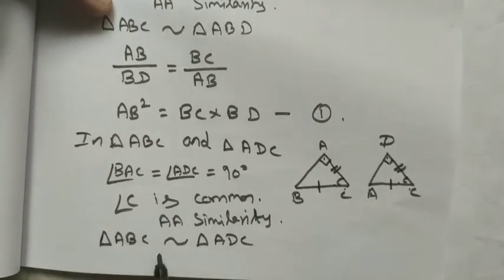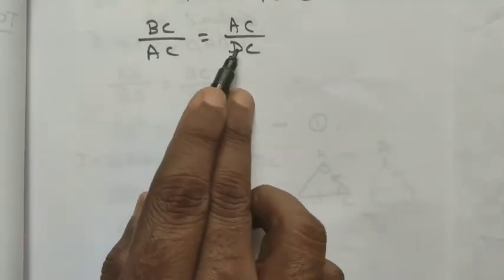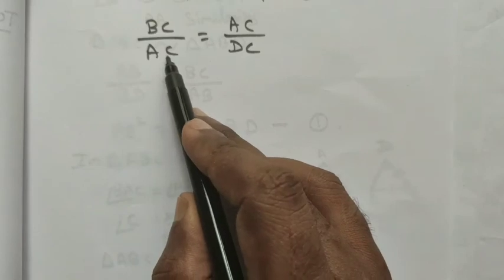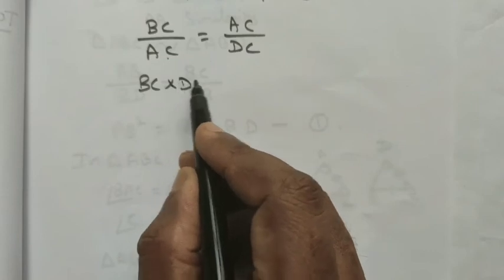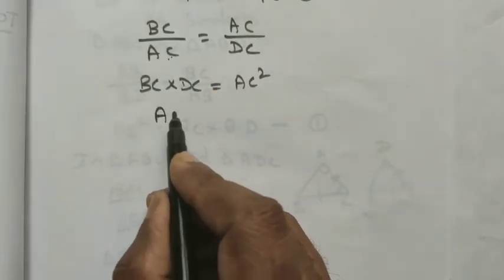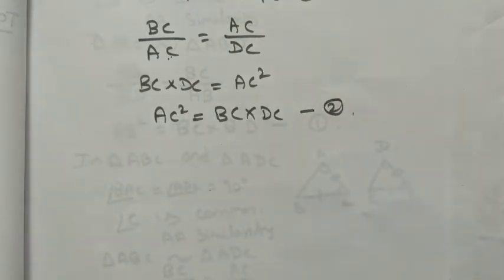By the similarity condition, BC divided by AC is equal to AC divided by DC, right? Now cross multiplying: AC into AC is equal to BC into DC. So AC square is equal to BC into DC. I take this as equation number 2.